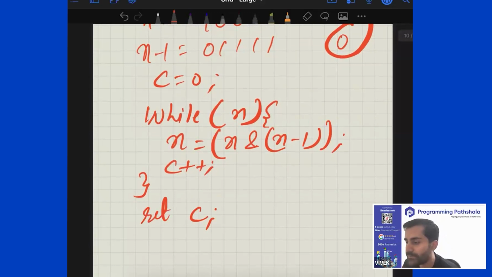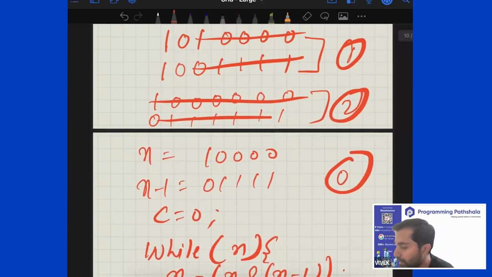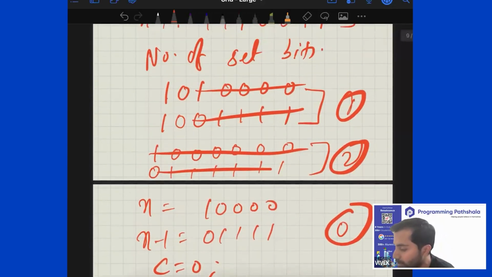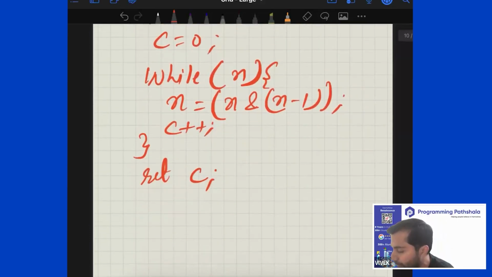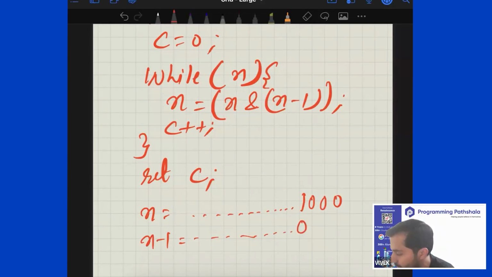Okay, just to summarize everything, the idea is pretty simple. All of you got this idea, right? Because what was the idea? If you have a number n, it will be of some form. And then let's say the last one from the end is this. So if it's the last one from the end, after this, there may or may not be some zeros. So let's say there are some zeros. The moment you find n minus 1, the result is this.